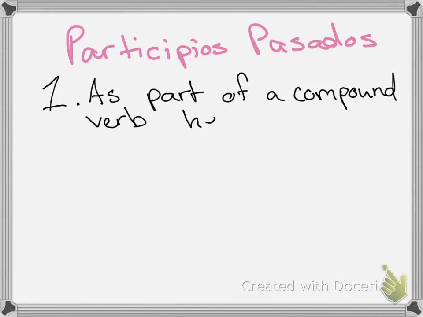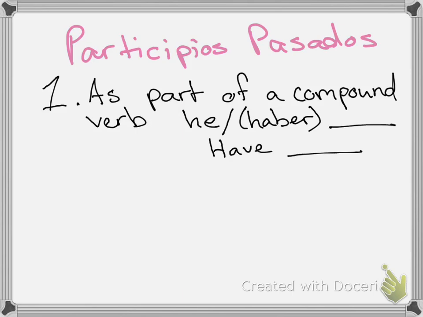So like yo he or tú has, some form of haber. In English, this would be the word have, okay? And then our past participle, okay? So yo he bailado el tango, yo he visitado España, yo he entrado el cuarto, tú has pensado bien, él ha comido el postre. Okay, so as part of a compound verb.